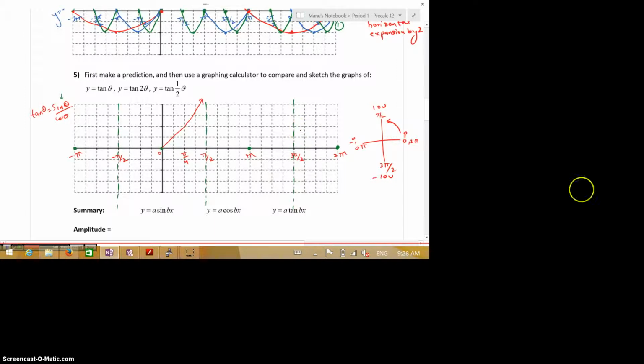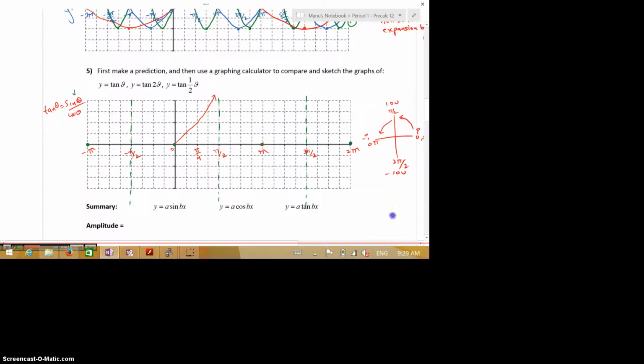Similarly, as I go from pi over 2 to pi, you'll notice that it goes from undefined back to 0, which means it's going to go from either positive or negative undefined back to 0. But I need to check the sign.